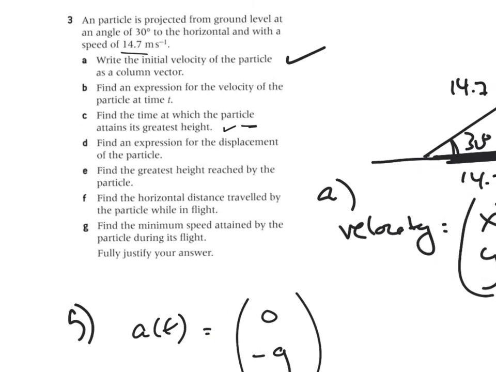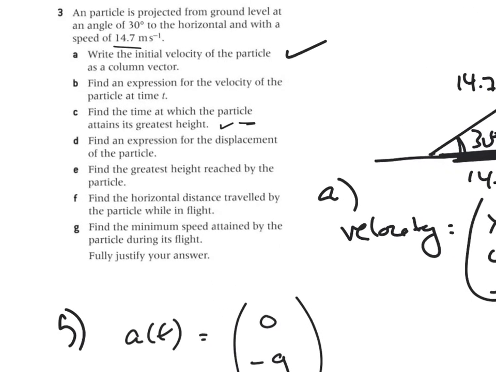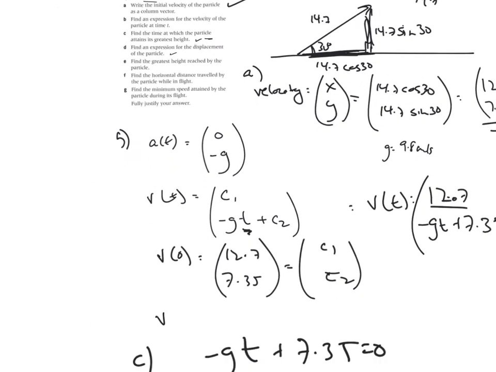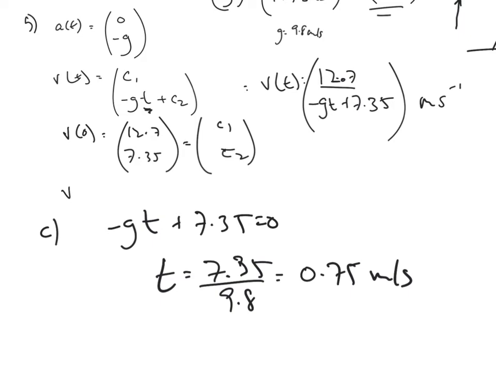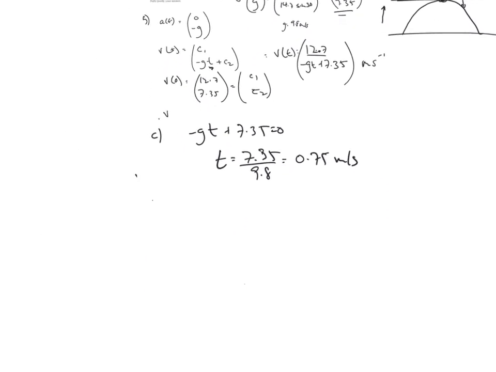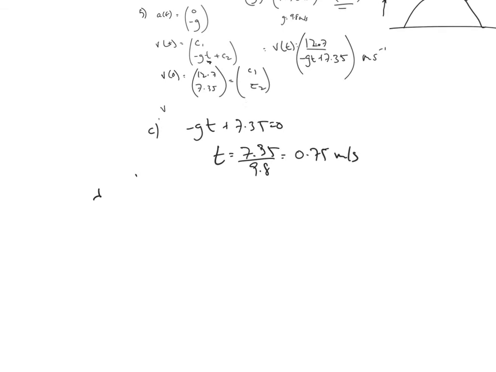Moving on to D part, it says find an expression for the displacement of the particle. Displacement means we take our velocity, 12.7 and negative g t plus 7.35, and integrate it.